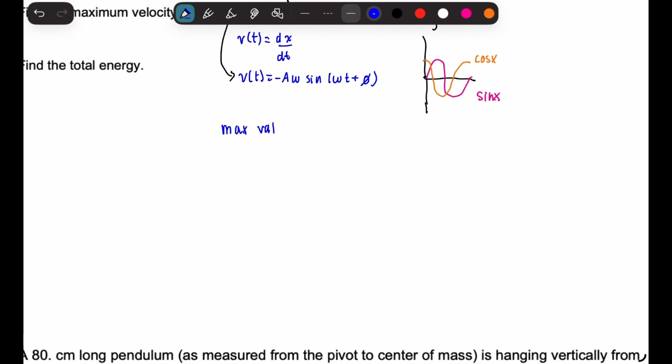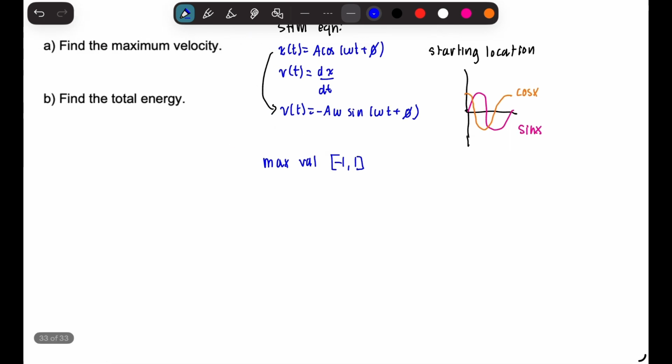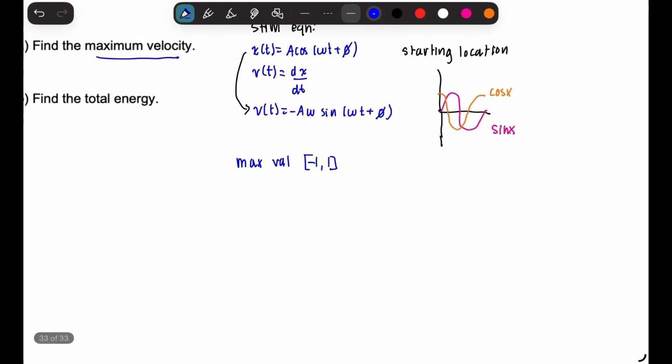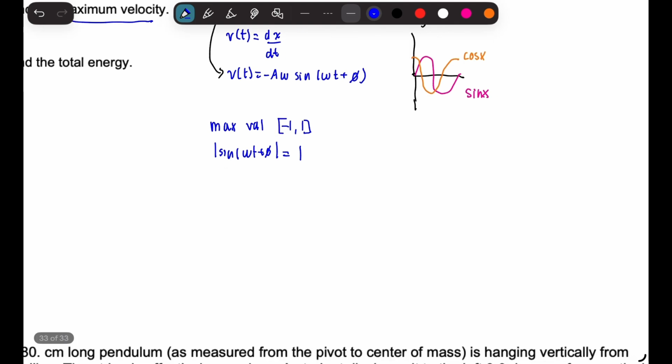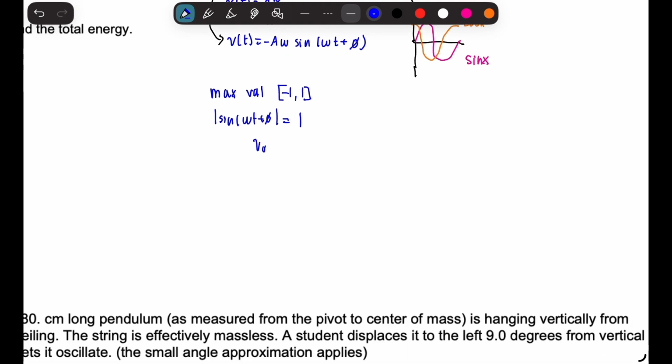We know that sine ranges from -1 to 1, and our maximum magnitude, which we're going to use to find our velocity, of sine omega t plus your angle is just going to be 1. The absolute value of that is going to be 1. So your V max is equal to your amplitude times your omega.